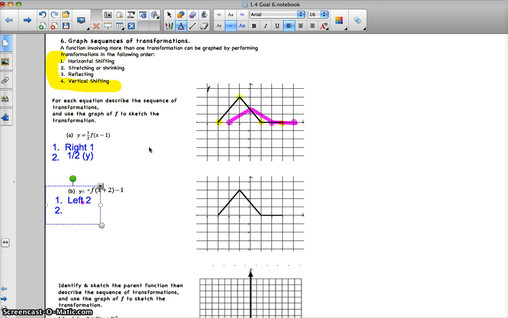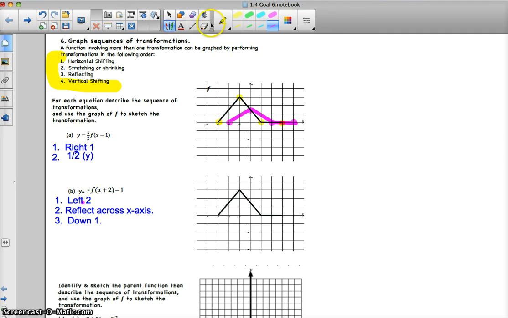Vertical means that we will reflect across the x-axis. And then the third is the -1. That's a vertical shift, so we'll go down 1.